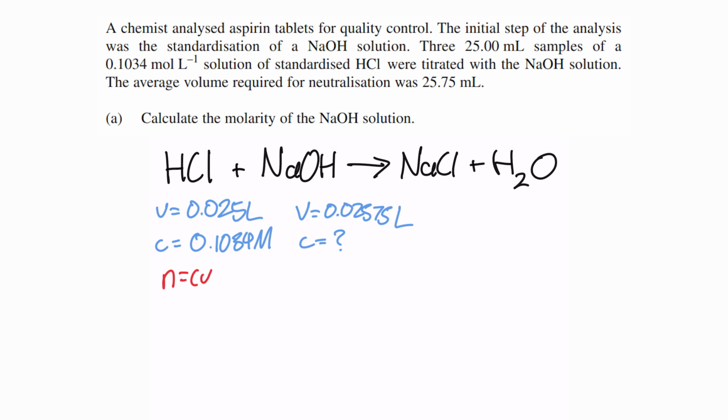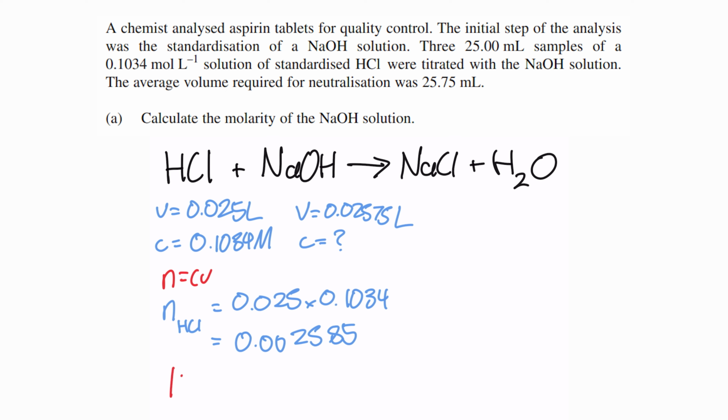Using our n equals CV formula, we calculate that the number of moles of the HCl is equal to 0.025 times 0.1034, and that's equal to 0.002585. As everything's in a 1:1 ratio, that means that's also equal to the number of moles of sodium hydroxide. So therefore we can sub into our n equals CV formula.